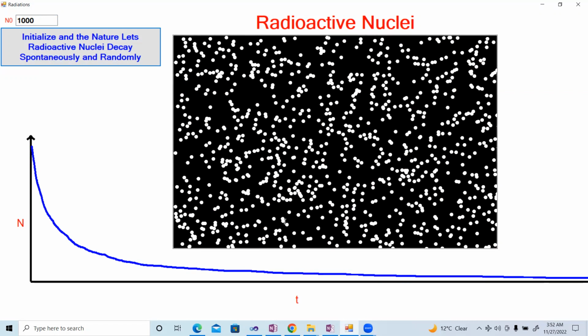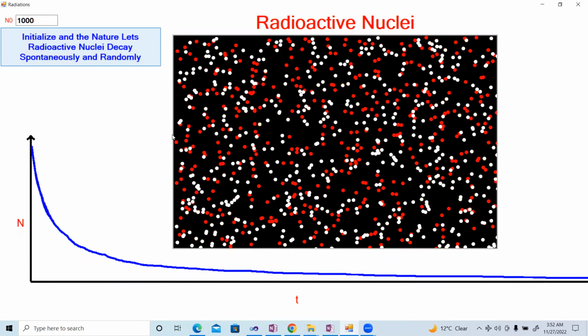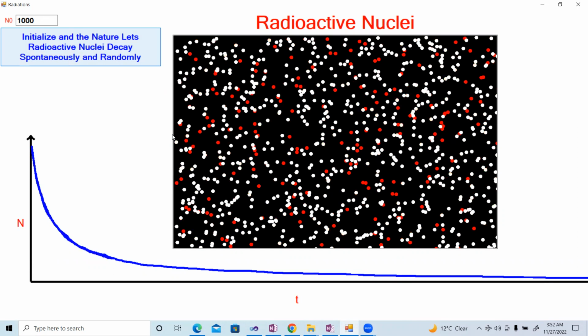The important point is that the nuclei which are present at any time t decay totally randomly and spontaneously. Spontaneously means no external agent, no external factor can affect the decay.